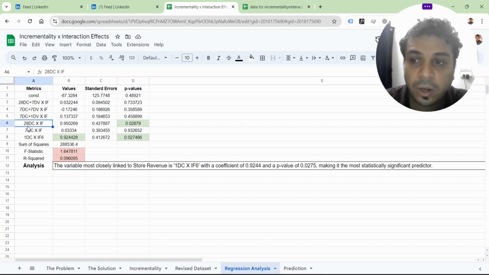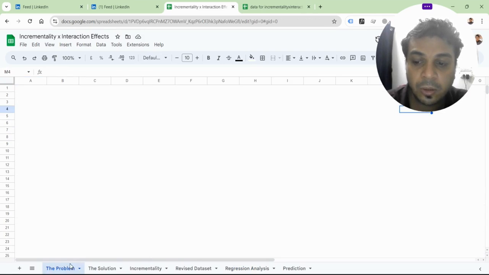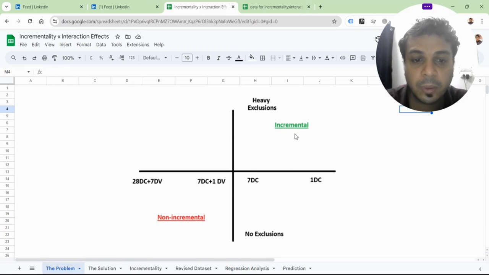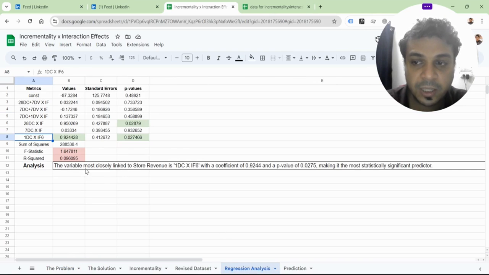And interestingly, it's not just the one-day click, right? We discussed how the hypothesis is claiming that it's going to be primarily the one-day click, and mostly up to the 7-day click where incrementality really lies. But in our data set, after regression analysis, we see it's not so much the 7-day click, which actually has much lesser statistical significance, and even the coefficient is lesser.